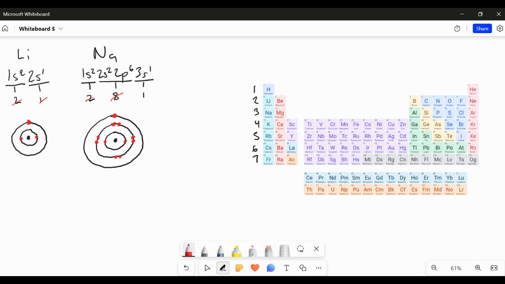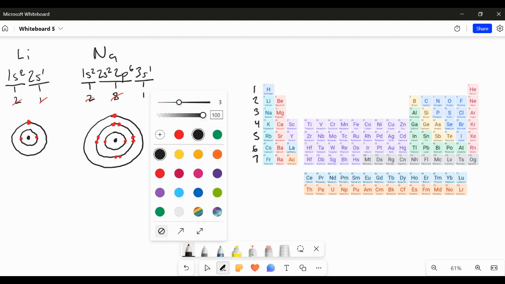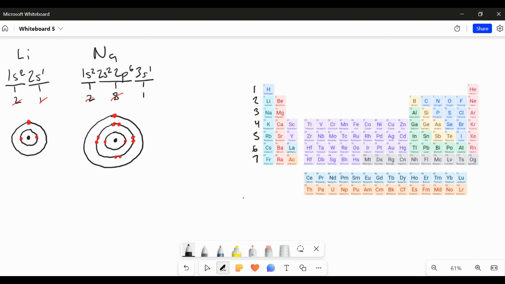So if we look at the total electrons, actually I'll just put total electrons right here. If we look at the total number of electrons, lithium has 3 and sodium has 11.